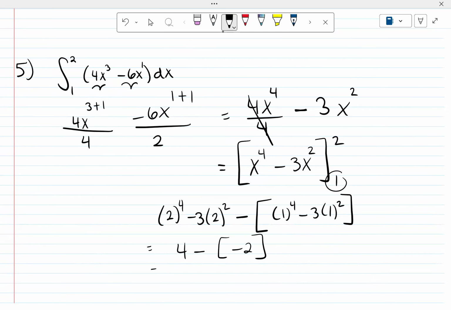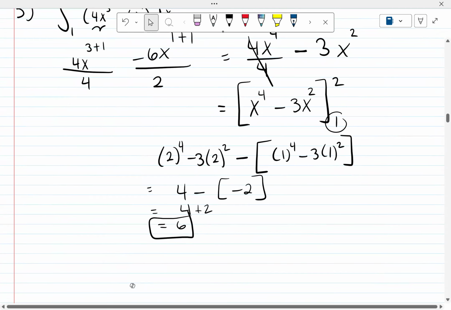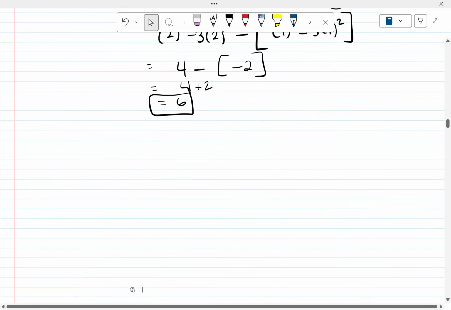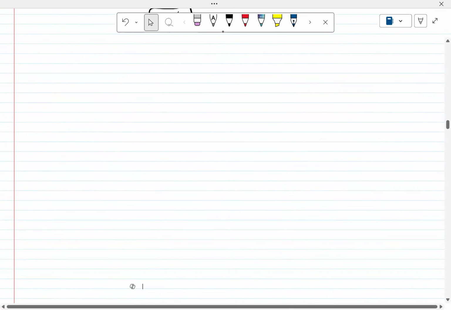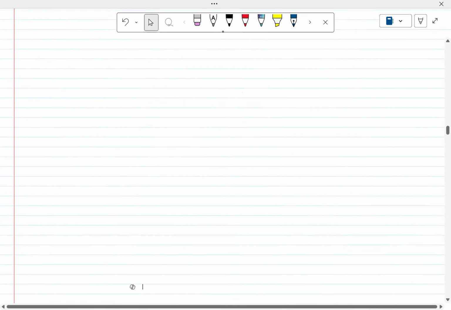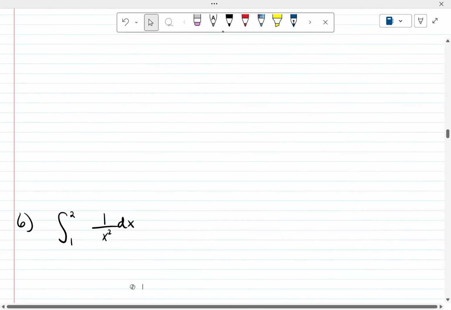So 2 negatives becomes positive, so 4 plus 2, which is 6. Okay, so this one's not too bad. You just need to know your integration and apply the fundamental theorem. Okay, let's move on to 6 then.